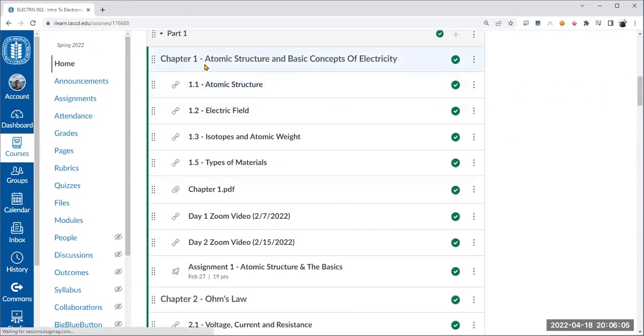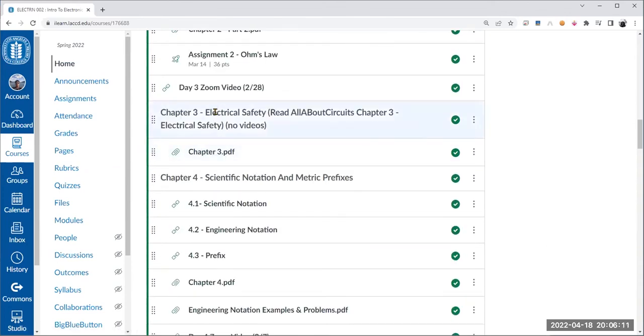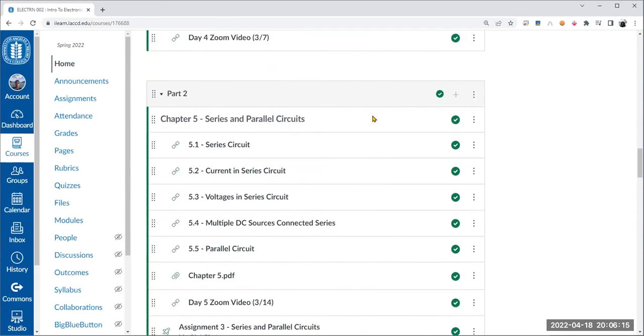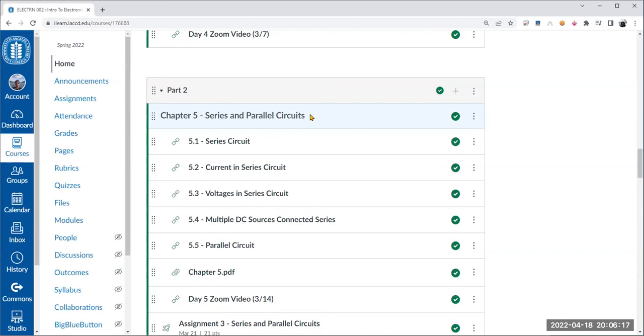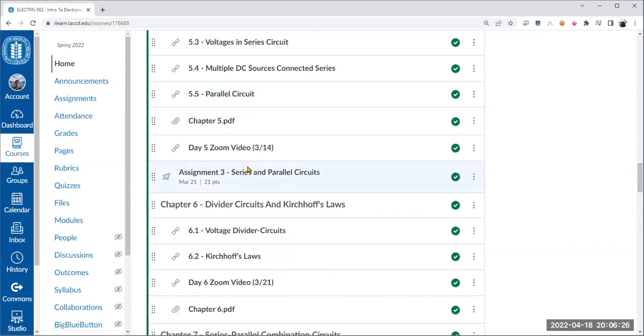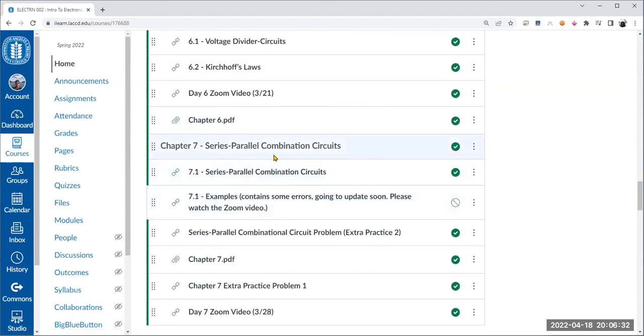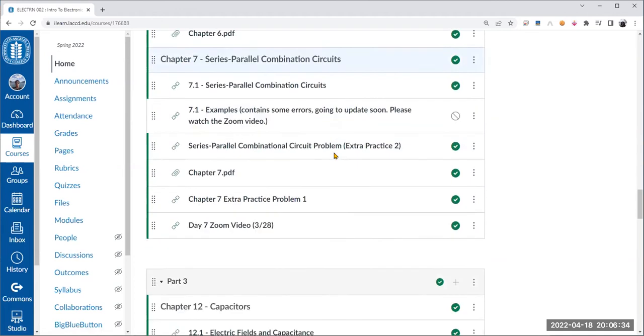So far we covered chapter 1, atomic structure, the basic concept of electricity, Ohm's law, scientific notation, and the metric prefixes, series and parallel circuits. This is the session we have the parallel circuit, and then we've seen that formula for parallel resistors. Chapter 6, voltage divider circuits, Kirchhoff laws, and then series parallel combination circuits.